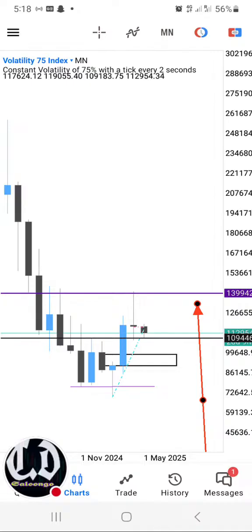So I have to use MT5 so that we can get the highest time frame, starting from the monthly and going downwards, so that we can do our top-down analysis.